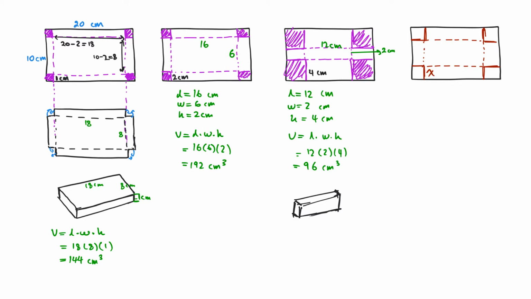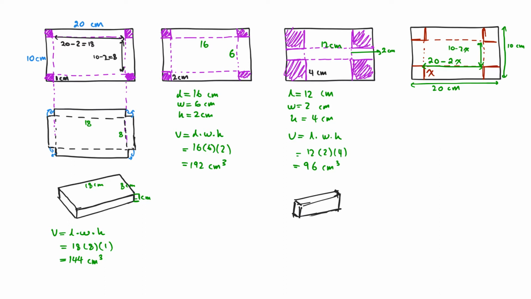So you have to come up with an algebraic expression for our volume, but this is not that challenging, because we know that this whole length over here is 20 centimeters, meaning this length over here, which is the length of the box, will end up being 20 minus 2 cutout lengths, and each cutout length is going to have a value of x, so it's going to be 20 minus 2x. And we know that this whole section over here is 10 centimeters, meaning that this portion over here, which is the width of our box, is going to be 10 minus 2x.